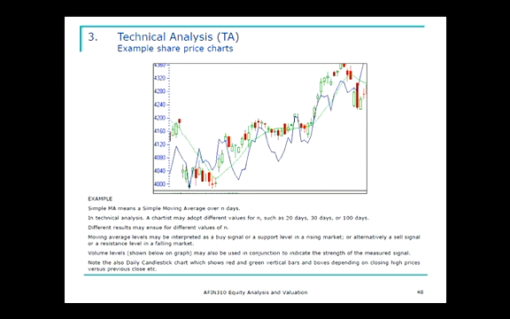So here we have an example of a share price chart over 3 months. So the blue line is the share price, and the solid green line is the simple moving average, which is the weighted average share price over a previous number of days.